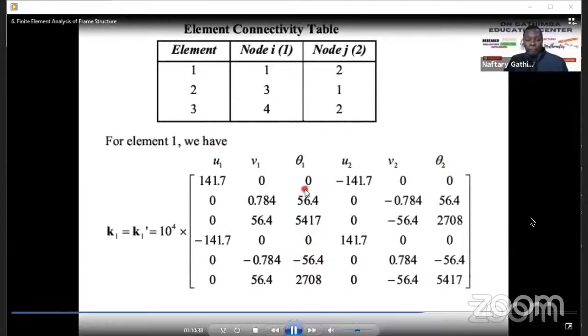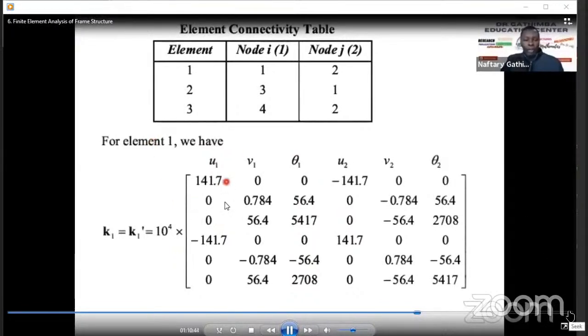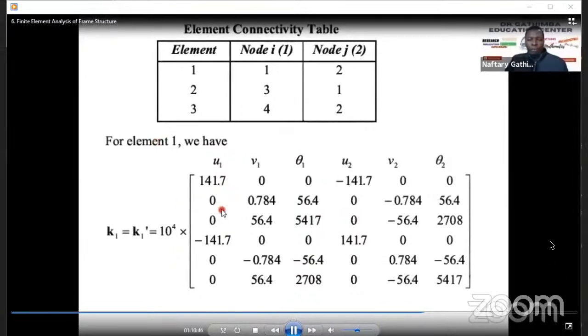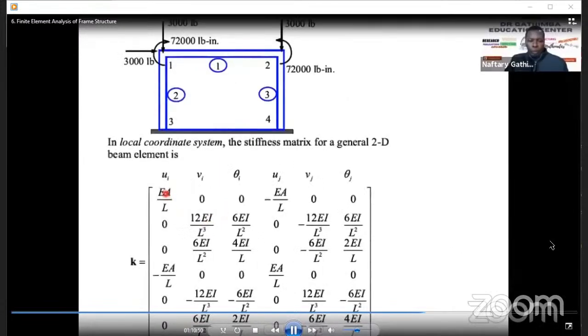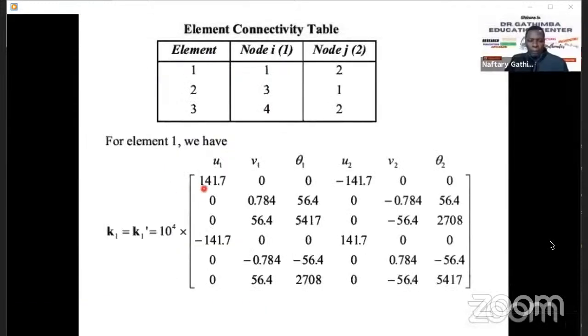Now, what it is doing in this approach, instead of first transforming to global, you substitute the values, but they are known. So you know EA over L for this element. So you just substitute the values for EA and L. You work out for all the elements, so K prime at the local coordinate system.